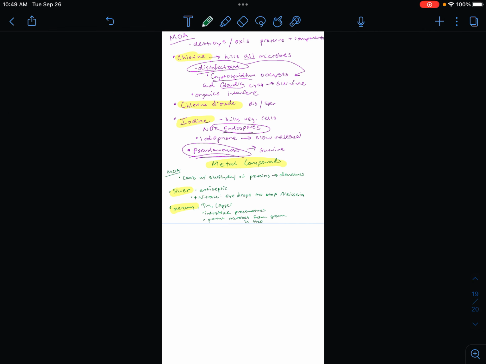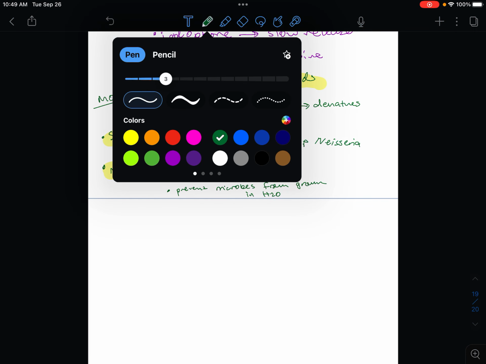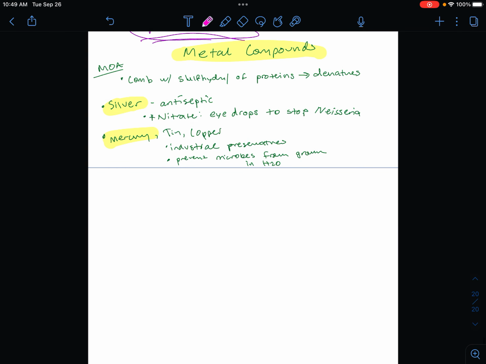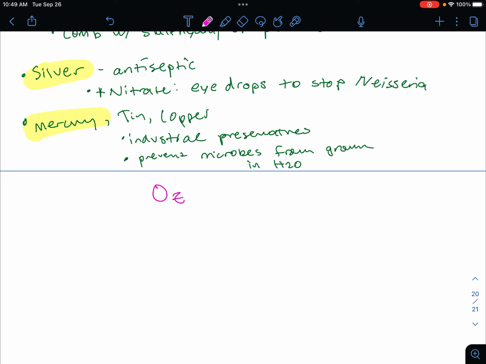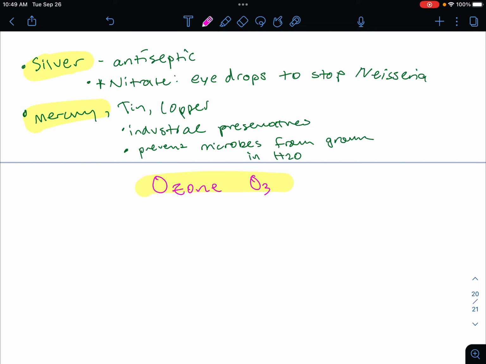Alrighty. Now let's talk again about a gas, ozone. So O3, or ozone. Not 007, just O3. This is the mode of action: it's an unstable form of regular O2, and it's just going to oxidize anything that comes into contact with it.